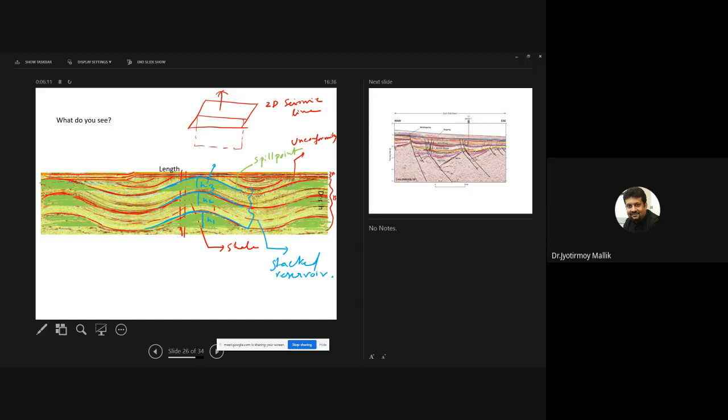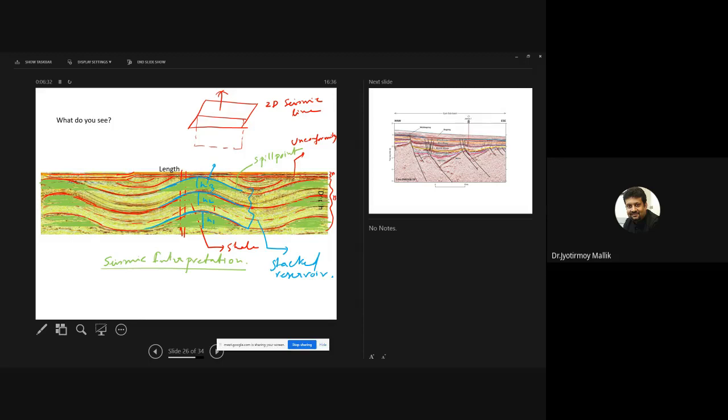I have drawn these reflectors. What I have just done with this image is essentially called seismic interpretation: to interpret the seismic.